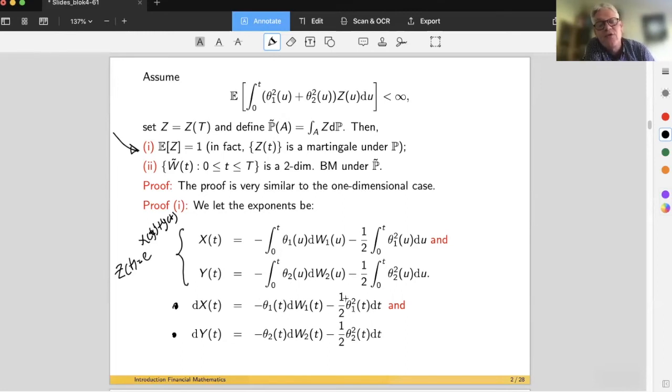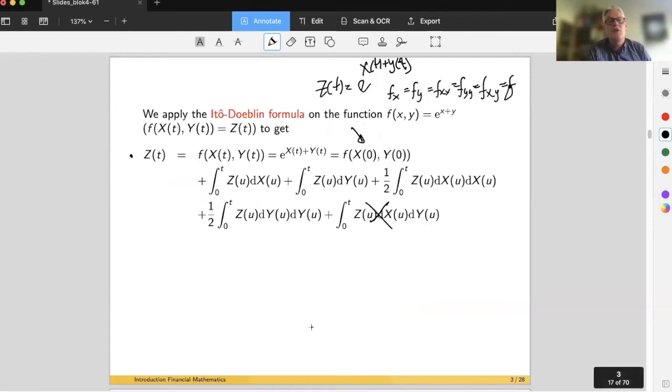And then we have cross variations that are 0 and dt squared terms that are equal to 0. dX dX is a minus theta 1, so minus theta 1 dW1t times itself. So that is, in fact, theta 1 squared dt, and dY dY is theta 2 squared dt. The other terms again cancel out and are equal to 0.